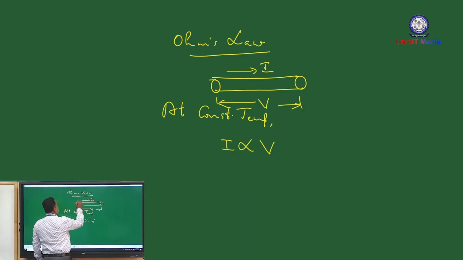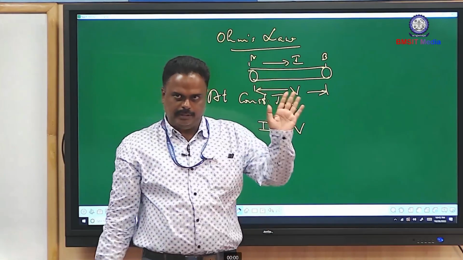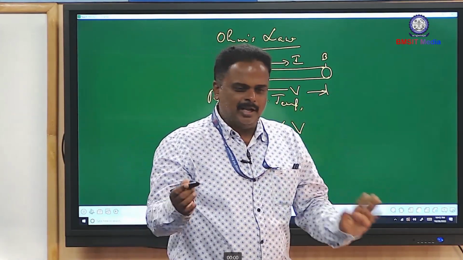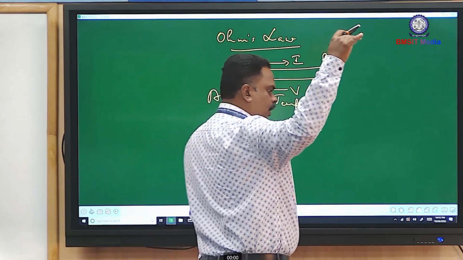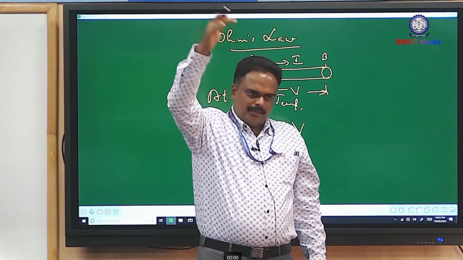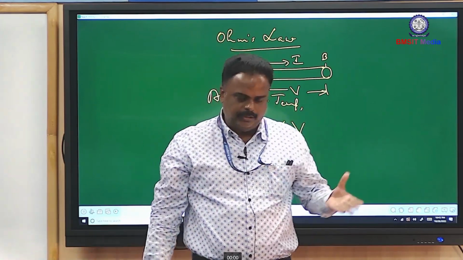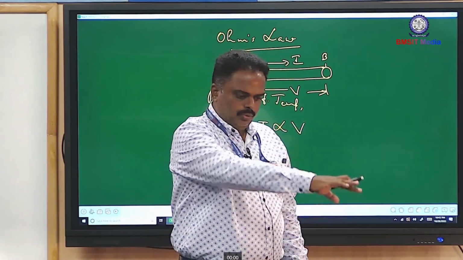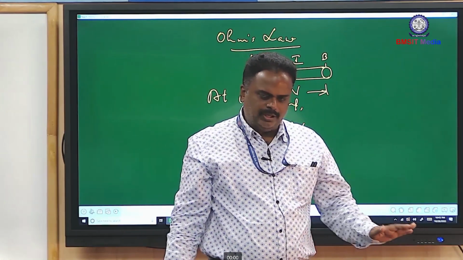If these two points are at the same potential, current will not flow. Higher the potential difference, higher will be the current flowing through the conductor. Just like water, we always keep the overhead tanks at a higher height because you get good pressure for the water to flow to the taps at lower heights.